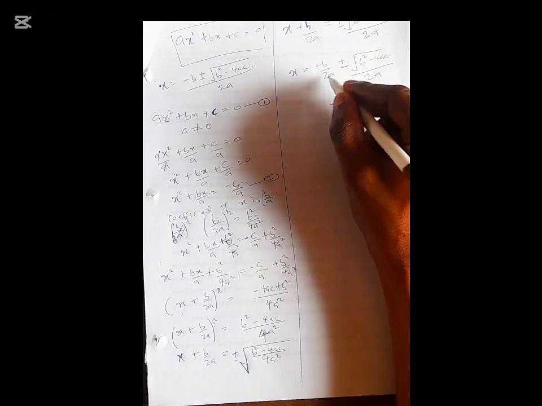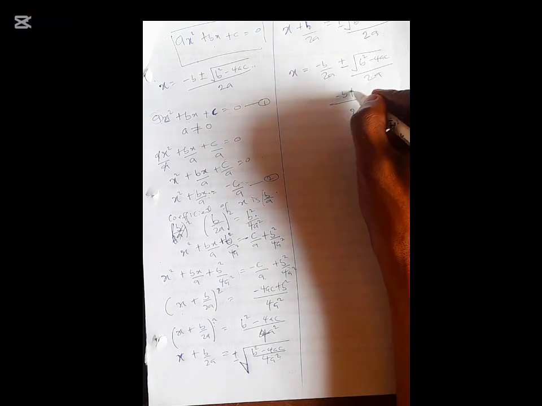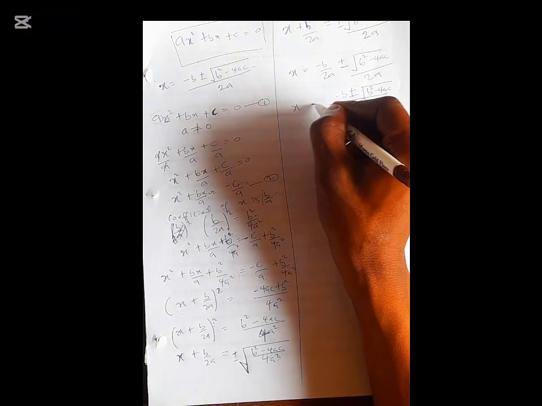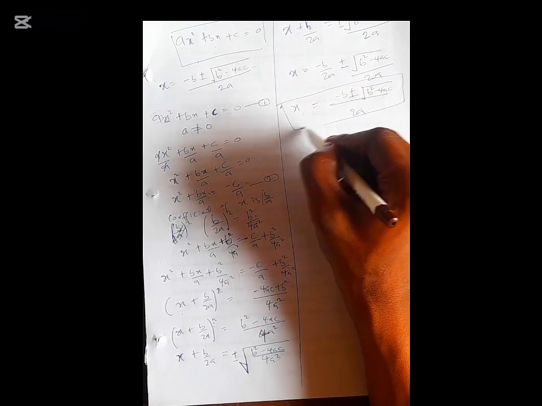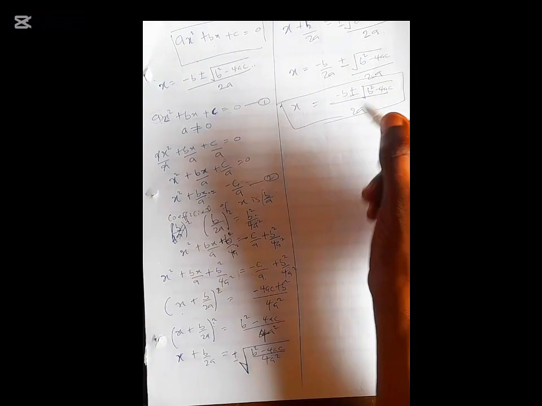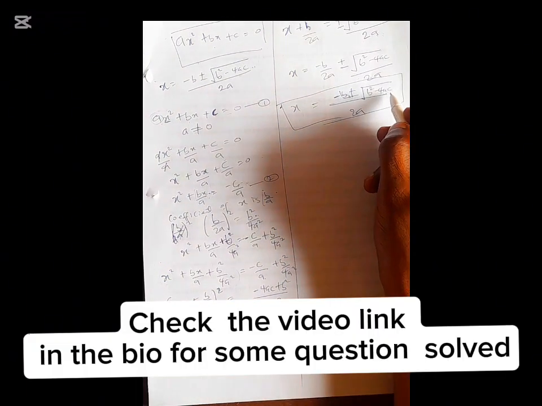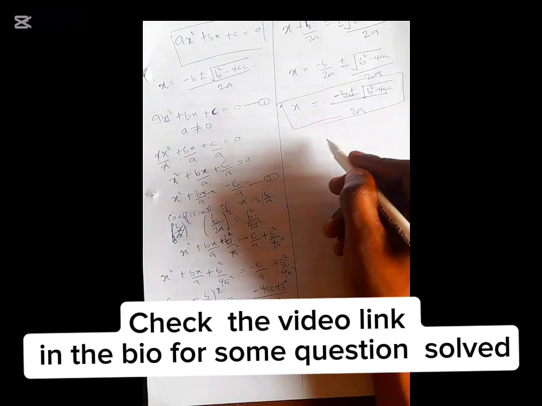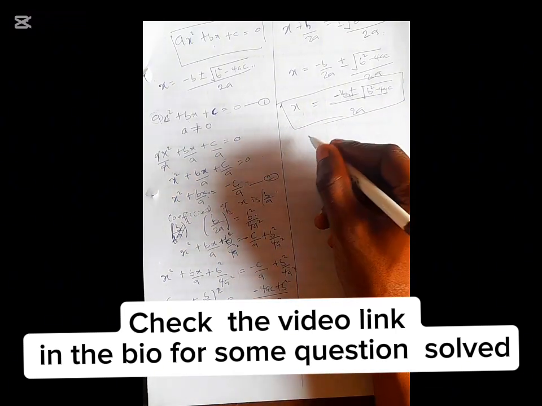So the common denominator, the LCM, is 2a. So what we just do is, x is equal to minus b plus or minus root b squared minus 4ac, all over 2a, and that is our proving. So we have seen that x equals minus b plus or minus root b squared minus 4ac over 2a. In the next video we are going to solve example questions.